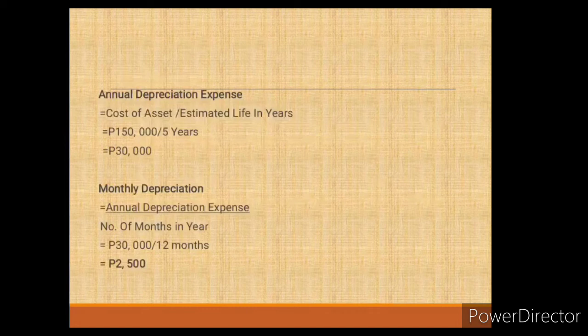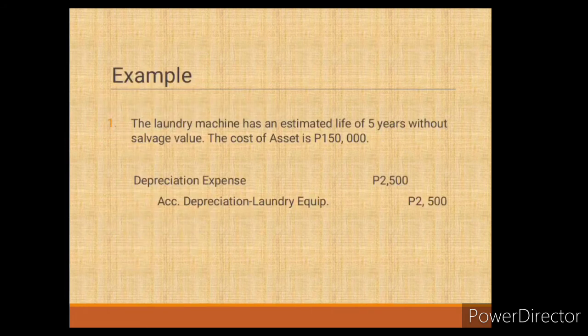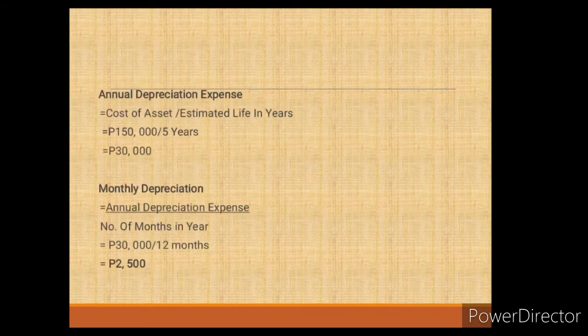The next step is to get the monthly depreciation, which is annual depreciation expense divided by number of months in a year. So, 30,000 divided by 12 months is equal to 2,500. Therefore, our entry is a debit of depreciation expense 2,500 and a credit of accumulated depreciation laundry equipment 2,500.